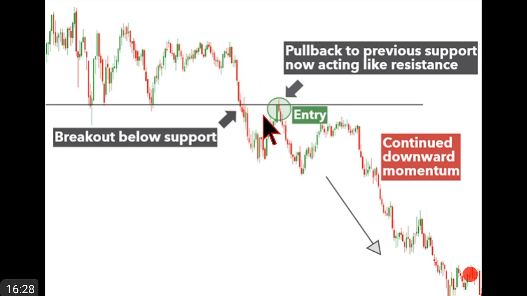Once you see a breakout, you wait for price to retest this place, and once it retests and gets rejected, that means this support which price broke through has now begun to act as a resistance, which is saying that price is going down on a long trend. So you see the continued downtrend momentum.